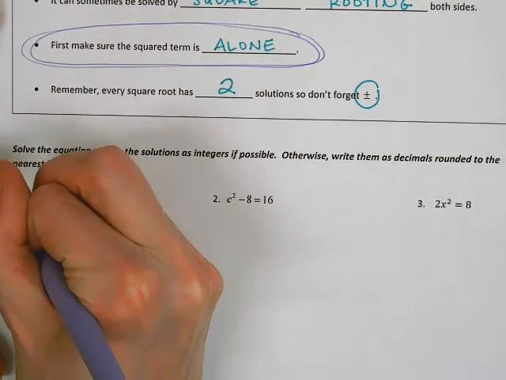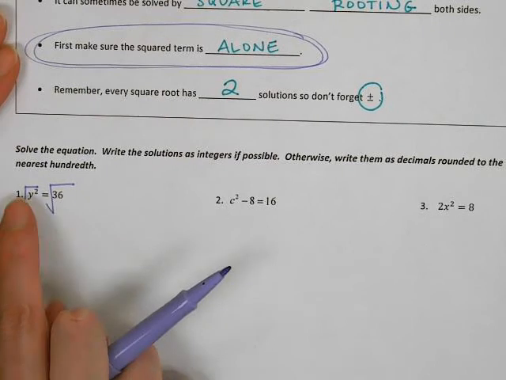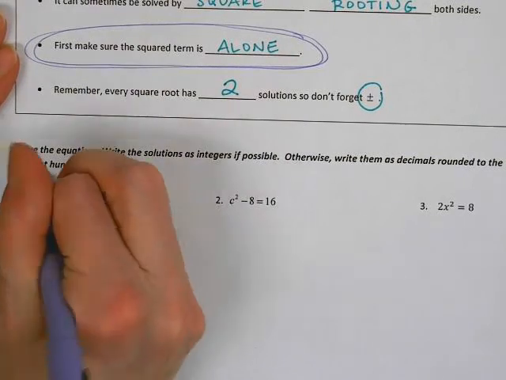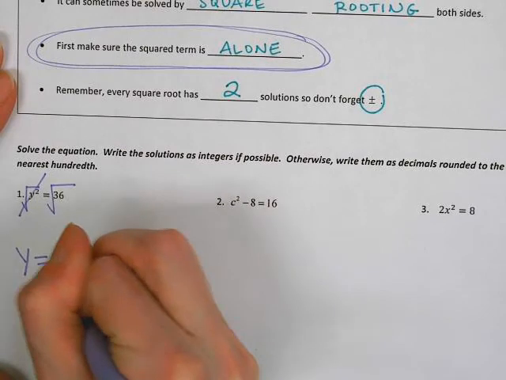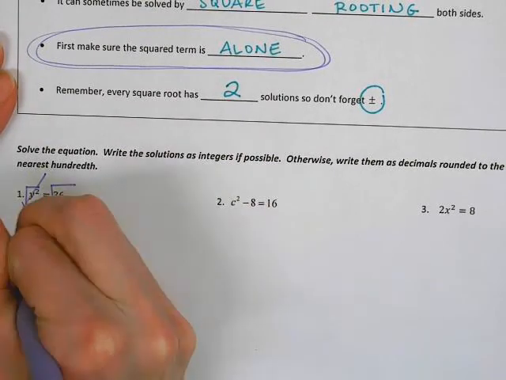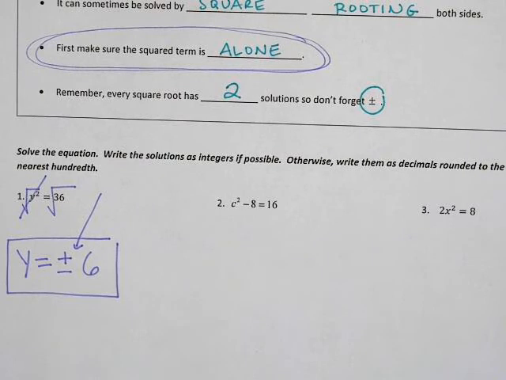So we can go straight to square root both sides. And square rooting the square cancel. So you're left with y equals. And then what is the square root of 36? It's positive and negative 6.